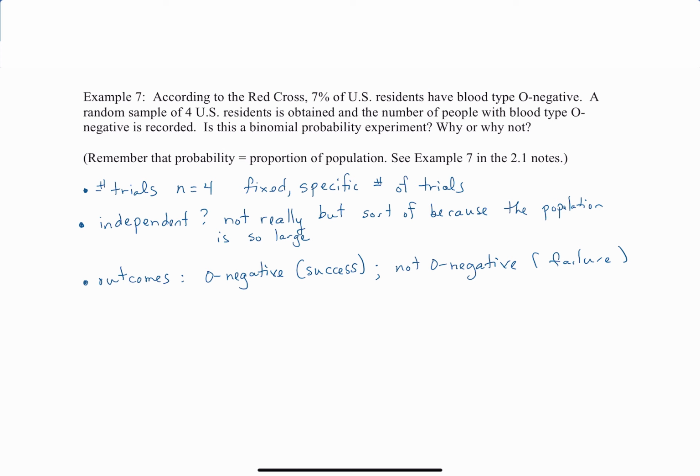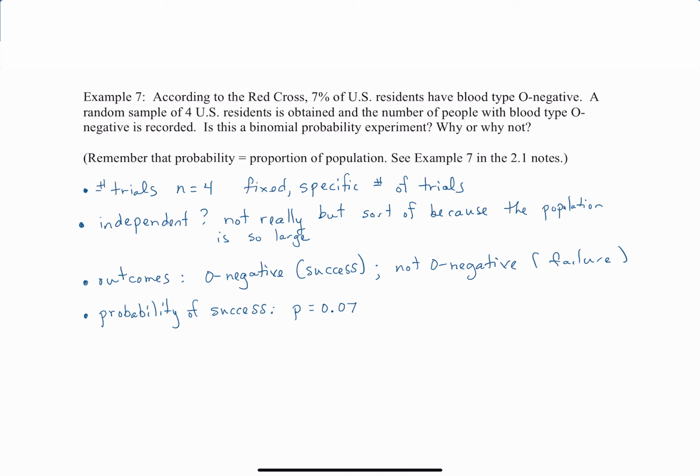Last, we need to know that the probability of success is the same in each trial. Since 7% of the U.S. residents have this blood type that we're interested in, the probability that when we randomly select a U.S. resident, they'll have that blood type is 7%, or 0.07.